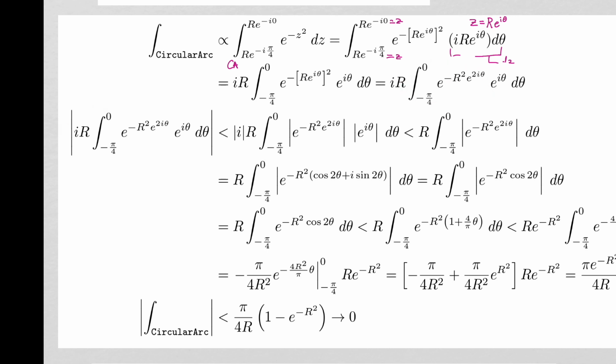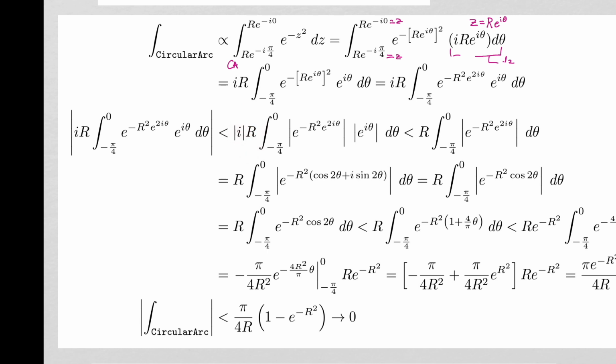So I take the magnitude of that integral, and I'm going to show that, first of all, that's less than all of these magnitudes broken up, right? That's just a principle of magnitudes. So the magnitude of I is just going to be 1, so that's an easy one to figure out. R is a positive number, so I don't even have to put magnitude signs around that.